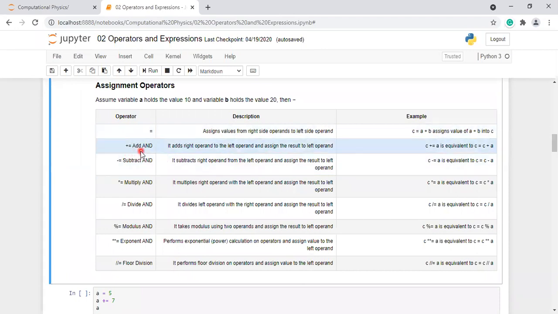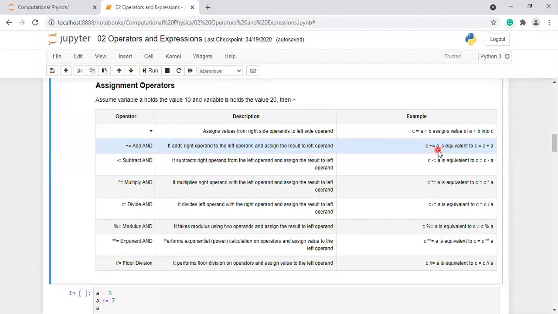Plus equal to, add AND. It adds the right operand to the left operand and assigns the result to the left operand.